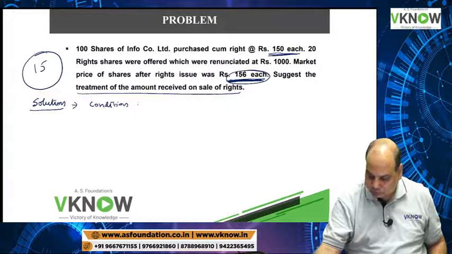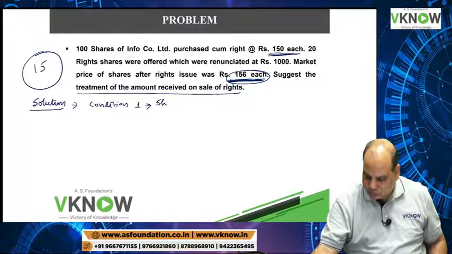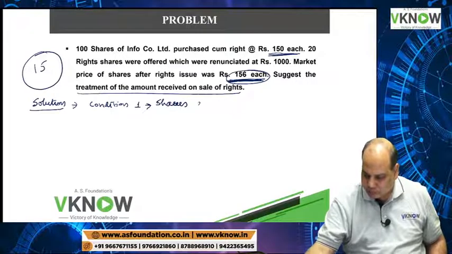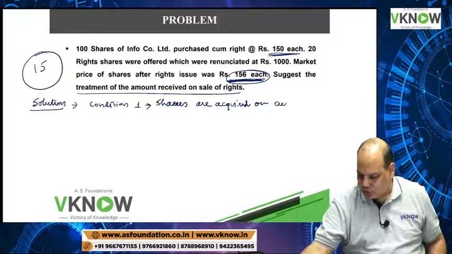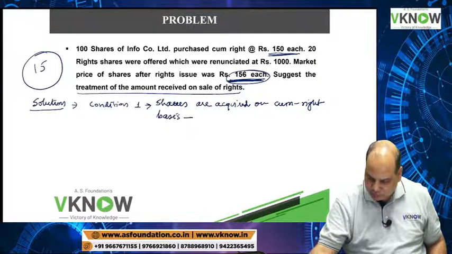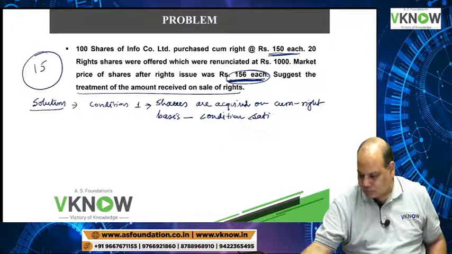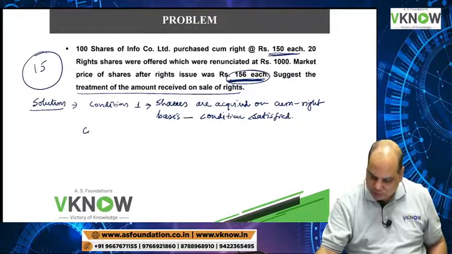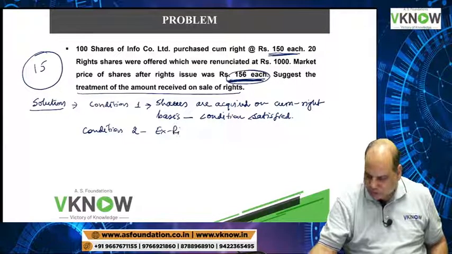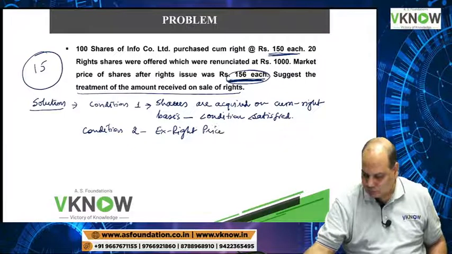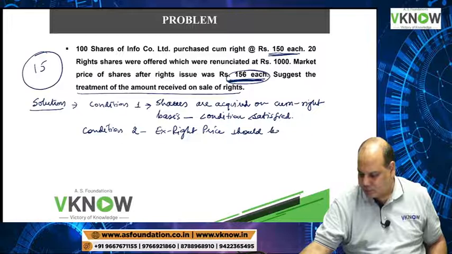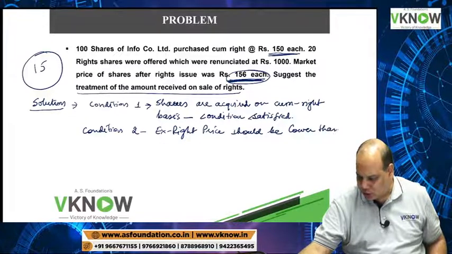Condition 1: shares are acquired on cum-right basis. Condition satisfied. And condition number 2 was ex-right price should be lower than cost.